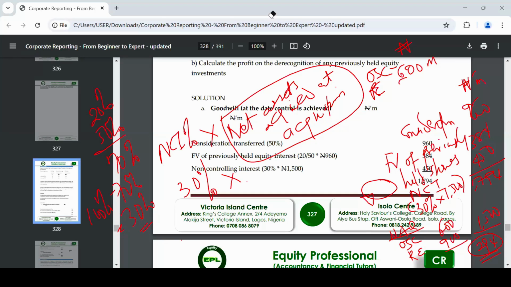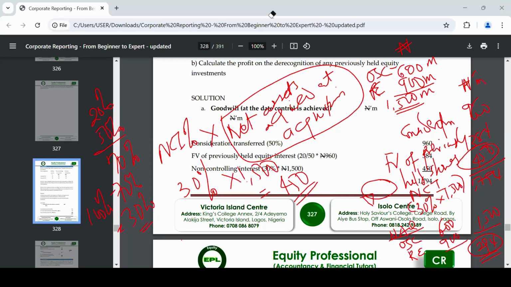We were told the retained earnings was 900 million, meaning that the net asset acquired is 1.5 billion. Are you there? So if I take 1,500 million and do 30% of it, I am going to get 450. That's how we got this 450. Is it clear now? Yes. All right. Also, how we got the fair value of previously held shares, I want to believe that is also clear.